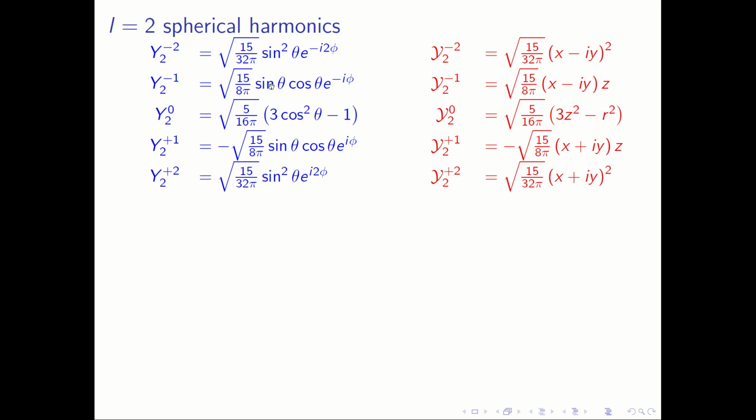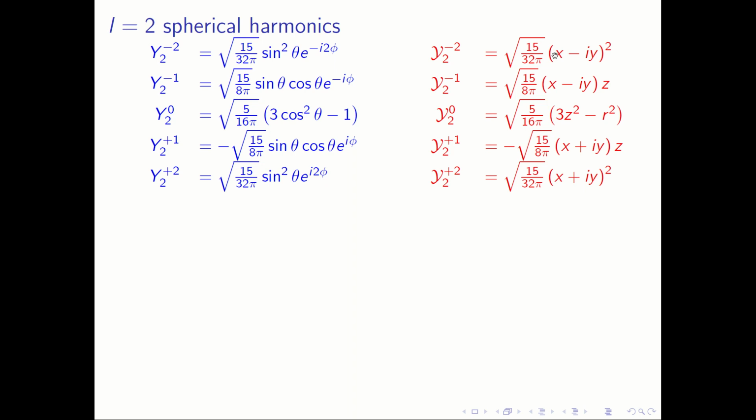Similarly, you have r sin theta e to the minus i phi, which is x minus iy, and r cos theta, which is z. And proceeding this way, this one, of course, if you push in an extra r squared, you get 3 r squared cos squared theta minus r squared. So that's just 3z squared minus r squared. These two, apart from a change in sign between Y2 minus 1 and Y2 plus 1, are just conjugates of what you had before. So it's pretty straightforward.